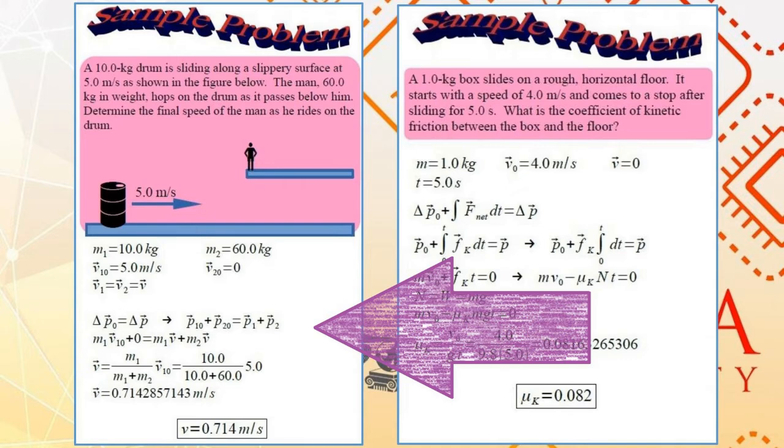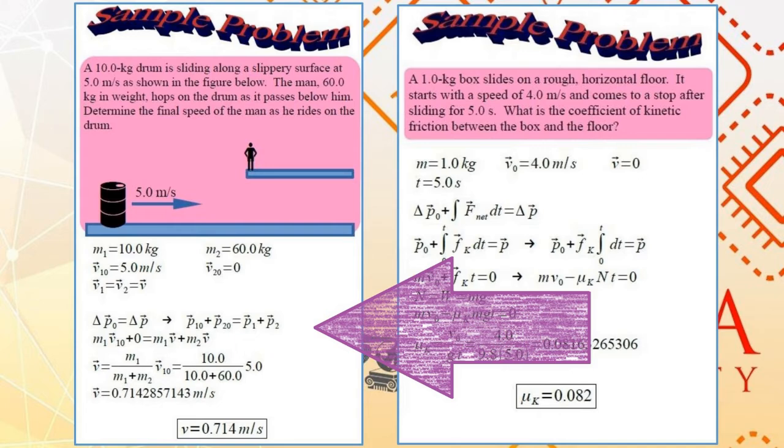Final momentum, you have again two objects, p1 and p2. So conservation of momentum tells us p1 initial plus p2 initial is equal to p1 plus p2. Momentum is mass times velocity, so expanding our momentum to their equations, we get m1 v1 initial plus p2 initial. v2 initial is 0, therefore p2 initial is 0, so plus 0 is equal to m1v plus m2v.